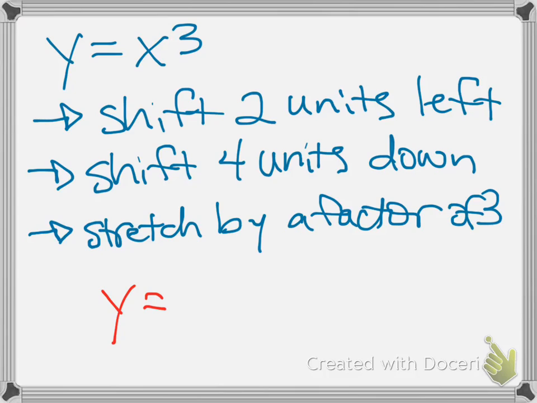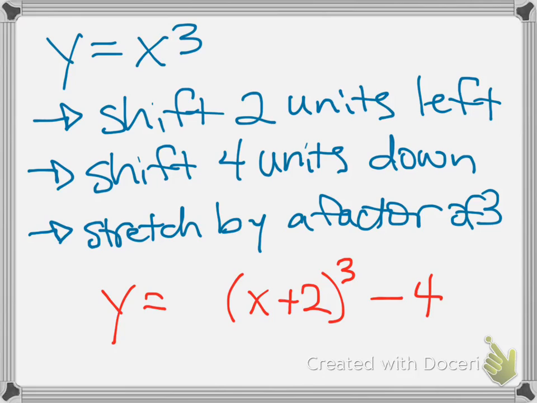If we want to shift 2 units to the left, that's going to be a horizontal shift. So that's going to be x plus 2, and then we're going to cube it, because again that's what's being applied to x. If we're shifting 4 units down, that's what's being applied to y, so that's outside the function that's being applied to x. That's going to be minus 4.